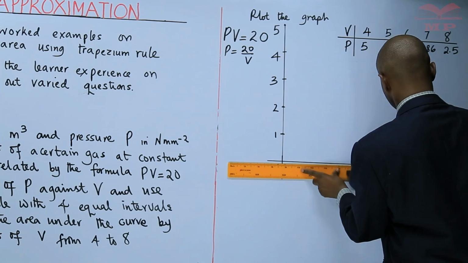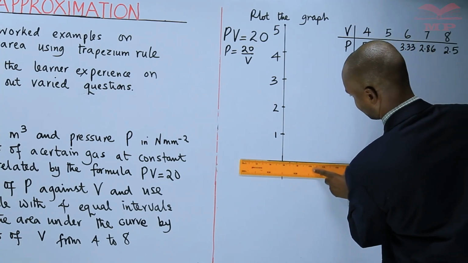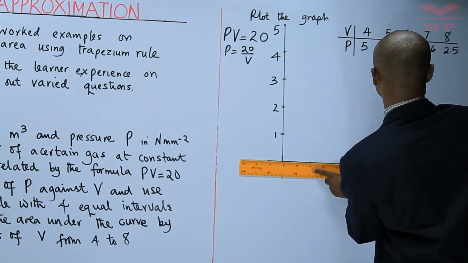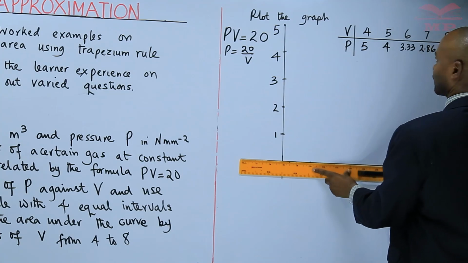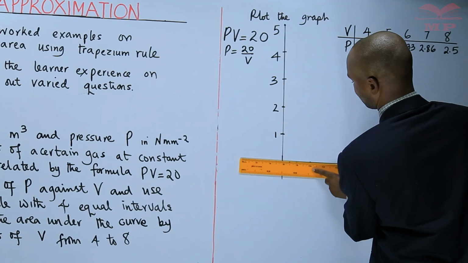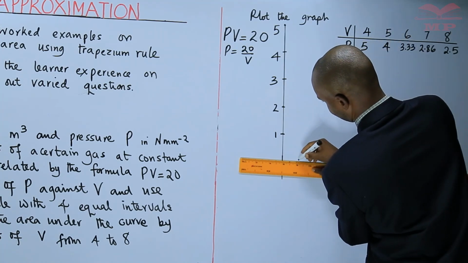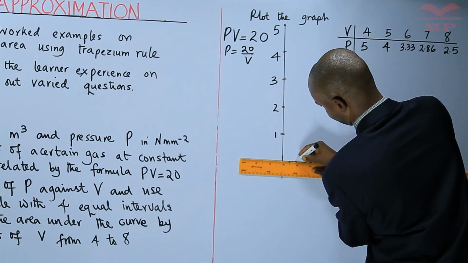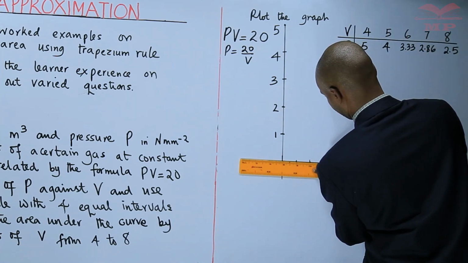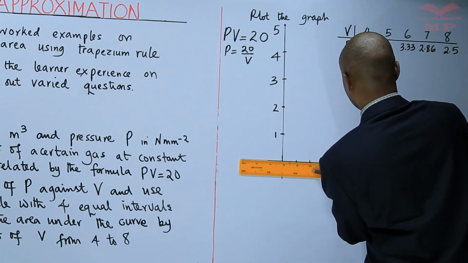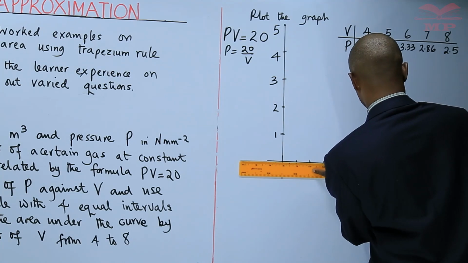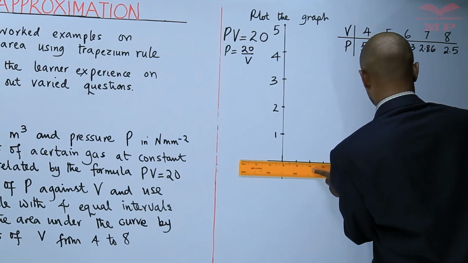Extend this one a bit. For the horizontal axis, you can use a smaller scale: 1, 2, 3, 4, 5, 6, 7, 8, 9.